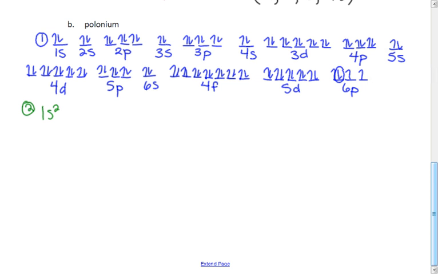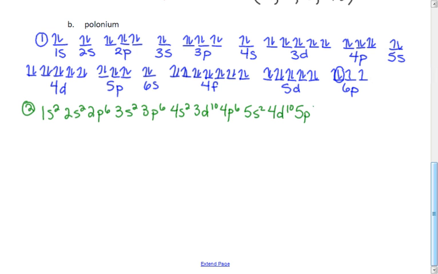We'll have 1s2, 2s2 and 2p6, 3s2 and 3p6, 4s2, 3d10, 4p6, 5s2, 4d10, 5p6, 6s2, 4f14, 5d10, and then for 6p, that's where we look and see, well, how far over was it? It was the fourth element over, so it's just 6p4 at the end.